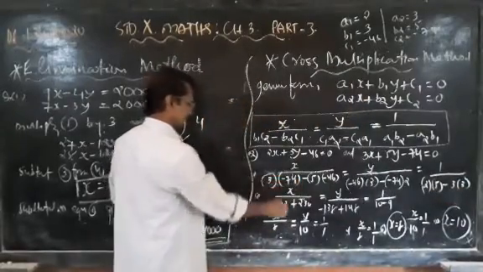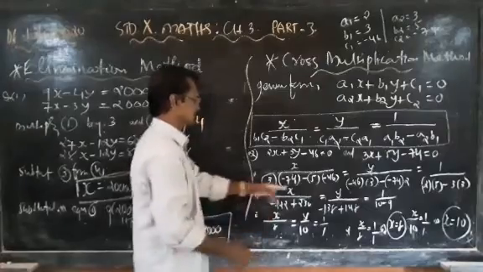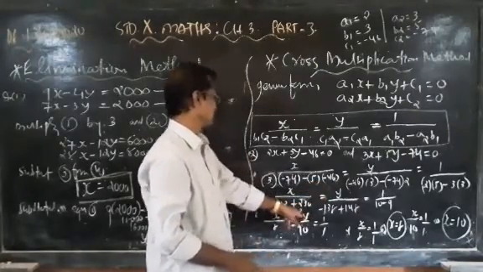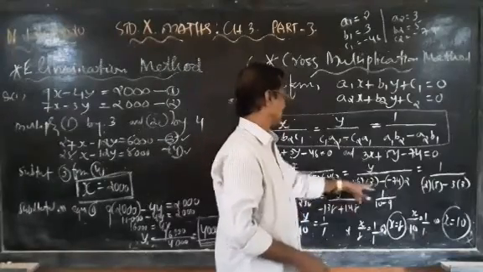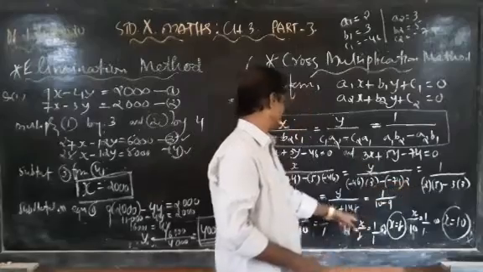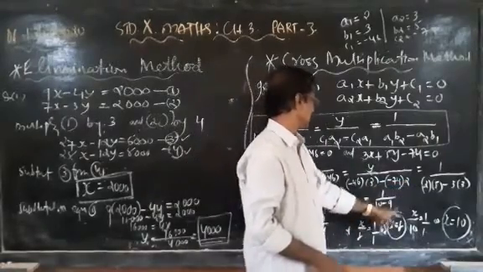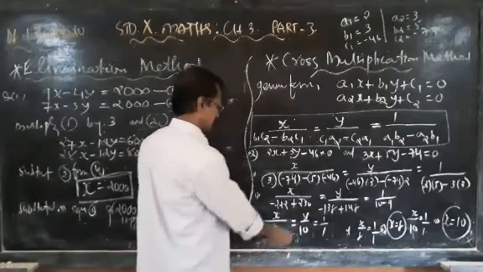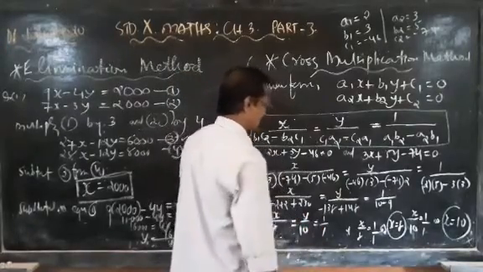Now 3 into minus 74 is minus 222, and here it is minus into minus, plus, so 5 into 46 is 230. Minus 46 into 3 is minus 138, plus 74 into 2 is 148. Equal to 1 by 10 minus 9. That is x upon 8 equal to y upon 10 equal to 1 upon 1.